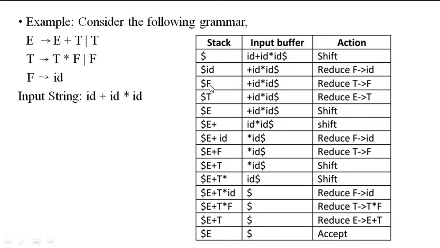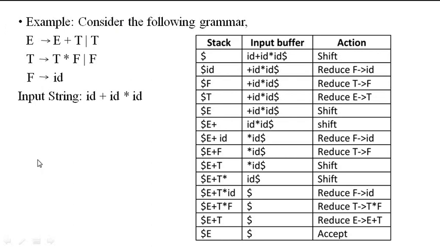Do you have any relation from F to plus? No. Do you have any relation from T to plus? No. Do you have any relation from E to plus? Yes. So from F can you reach E according to your grammar? Yes.